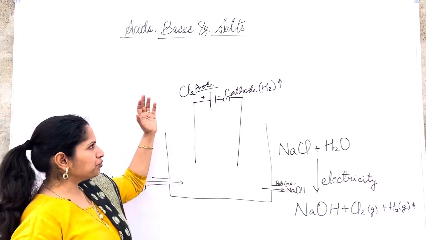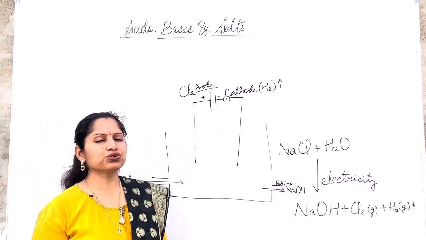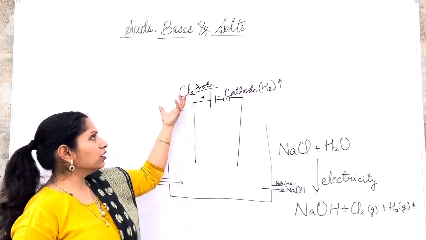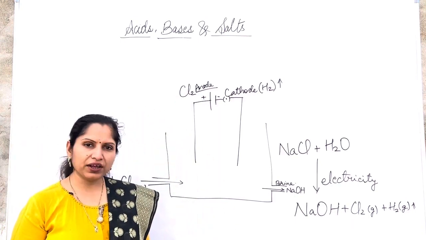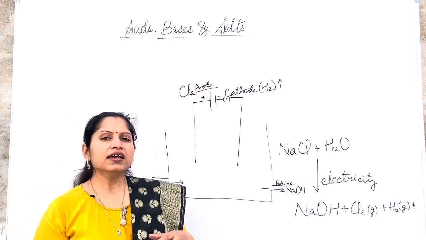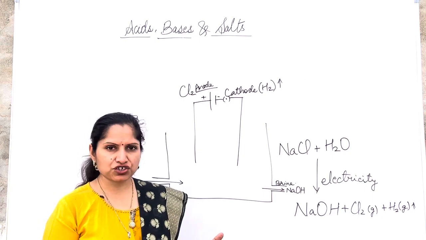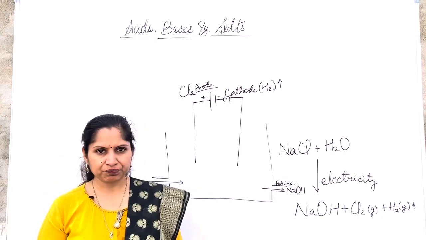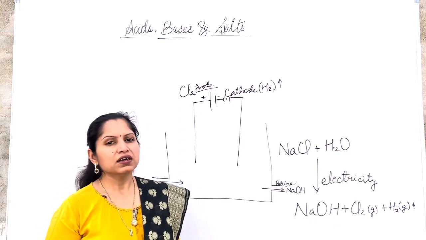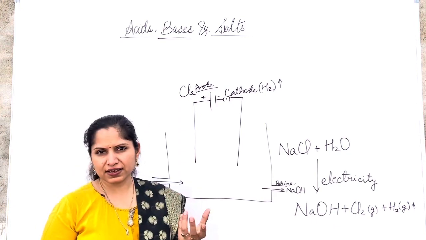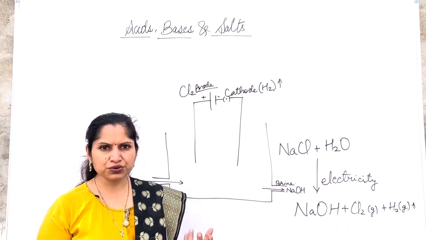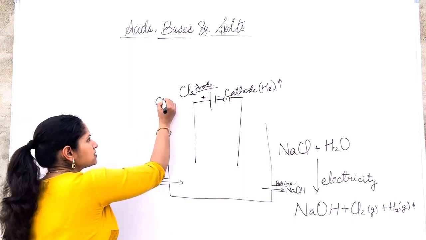We are going to use all these three substances, so we should know at least two uses of each. Chlorine acts as a very good disinfectant. You must have heard about chlorinated water. In swimming pools also, for disinfection, we use chlorine. Apart from that, for formation of CFC, chlorofluorocarbons, the word chloro represents chlorine.